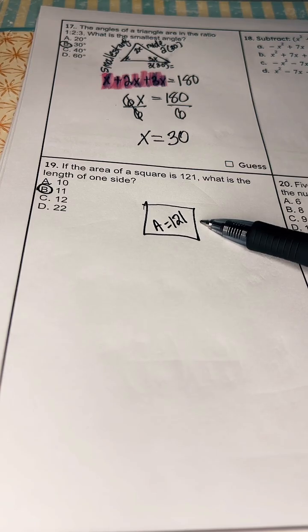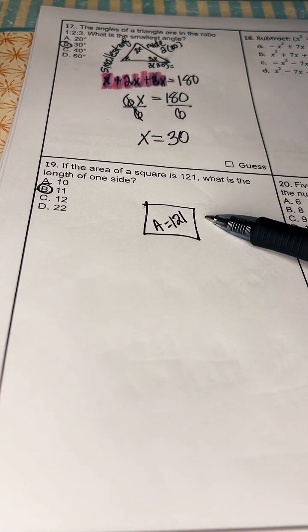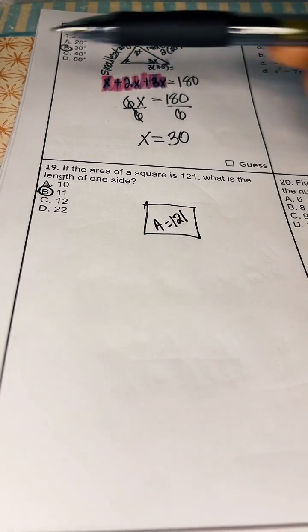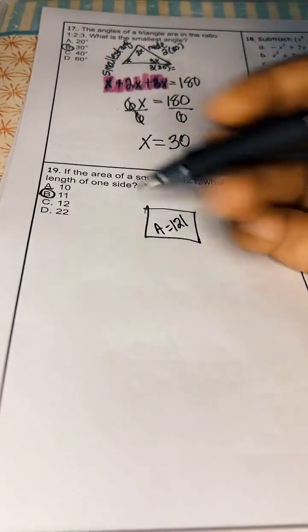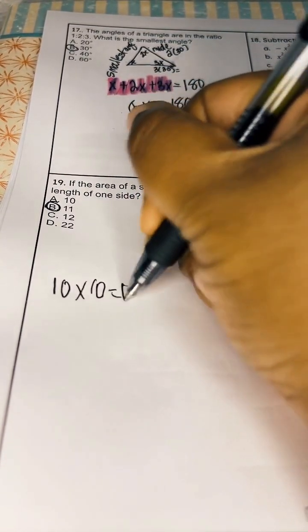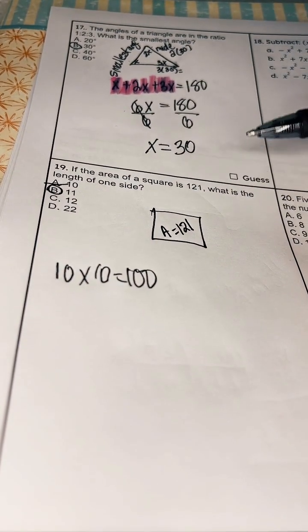All equal. Exactly. So now that we know that they're equal, yes, they're the same, we can just multiply these twice. So what I'm saying is if we do 10 times 10, that's 100. So this 10 doesn't work because it's not going to give us an area of 121.